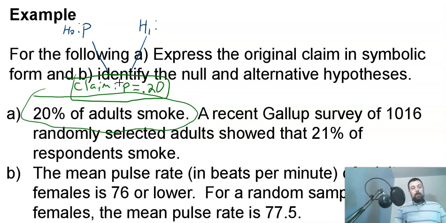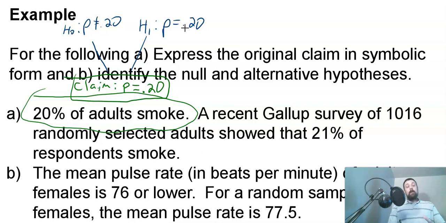If you tried to make it the alternative, say you put it over here by accident, the opposite of equals to would be not equals to, and so this violates the second rule. The null has to have equality. So if the claim has equality, it has to be the null, because if you tried to make it the alternative, you'd violate rule number 2.